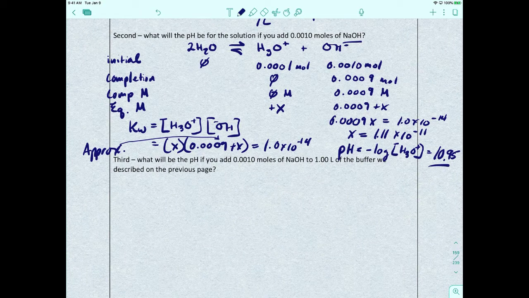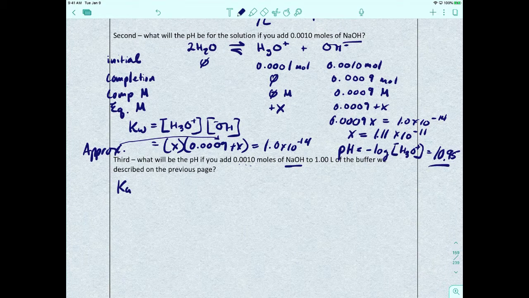Now here's our third part. What would be the pH if we add 0.0010 moles of sodium hydroxide to 1 liter of the buffer we've described here? All right, so you're adding more base to this buffer that we just had. So you have two different reactions going on.